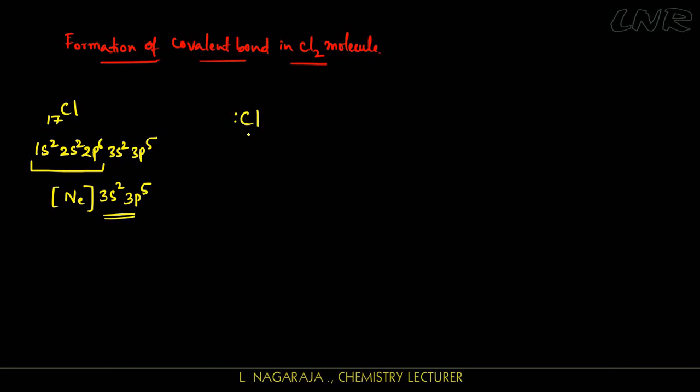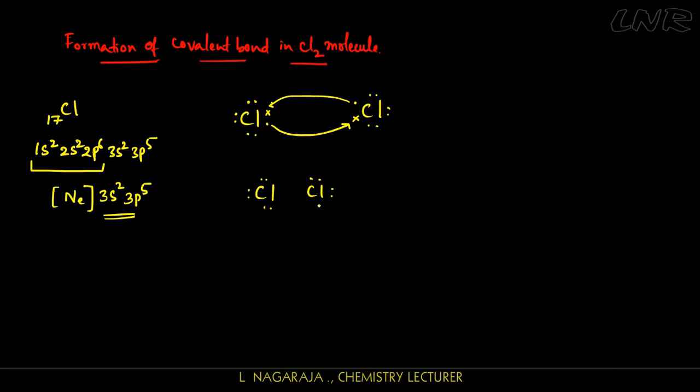So 1 2 3 4 5 6 and 1, 7. Let us take one more chlorine atom, and this chlorine also contains 7 valence electrons. So by mutual sharing of the single electron present in each chlorine atom, it gets a covalent bond between the atoms.